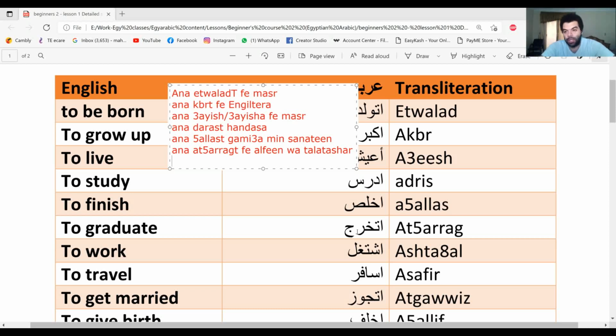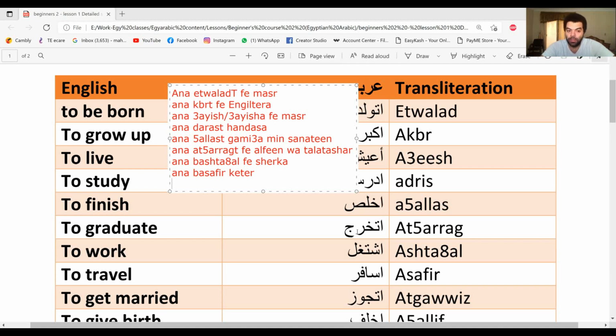Okay. And then أشتغل is to work. We know that verb already. You can say I work in a company. أنا بشتغل في شركة, for example, or أنا بشتغل مهندس, engineer. And then to travel, أنا بسافر كتير. I travel a lot. And then أتجوز, to get married.